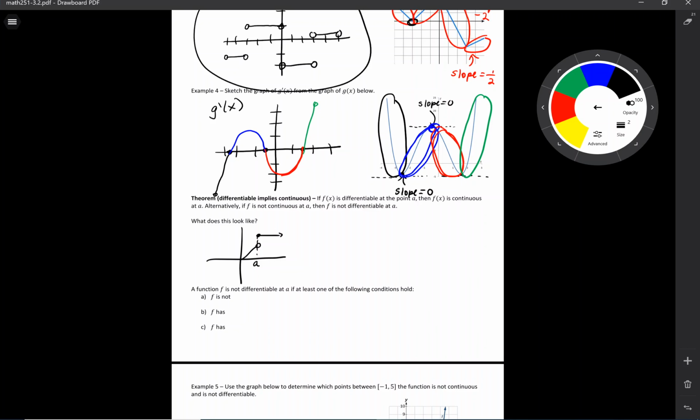This theorem says that because f is not continuous, f is not differentiable at the point a. So let me write that down: f is not continuous at a. Therefore, by this theorem, it is not differentiable.